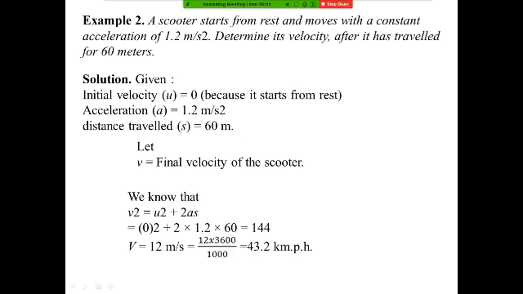Then I converted it into kilometer per hour. Multiply 12 by 3600, that is 60 into 60, then divide by 1000, so meters become kilometers, and this works out to 43.2 kilometer per hour. Okay, fine.